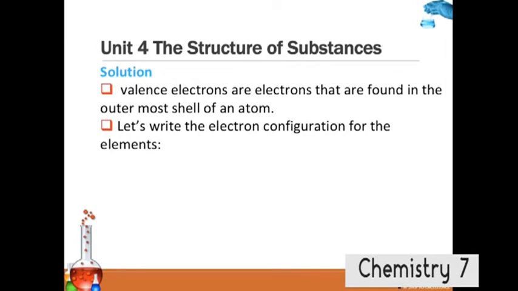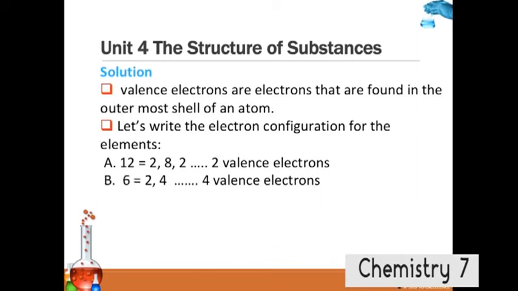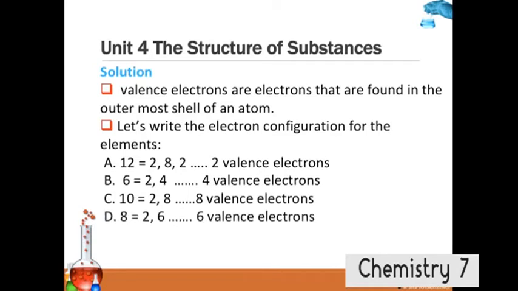Let's write the electron configuration for the elements. For A, 12 is 2, 8, 2. For B, 2 and 4. For C, 2 and 8. For D, 2 and 6. So the answer is D, 8. It has 6 valence electrons.